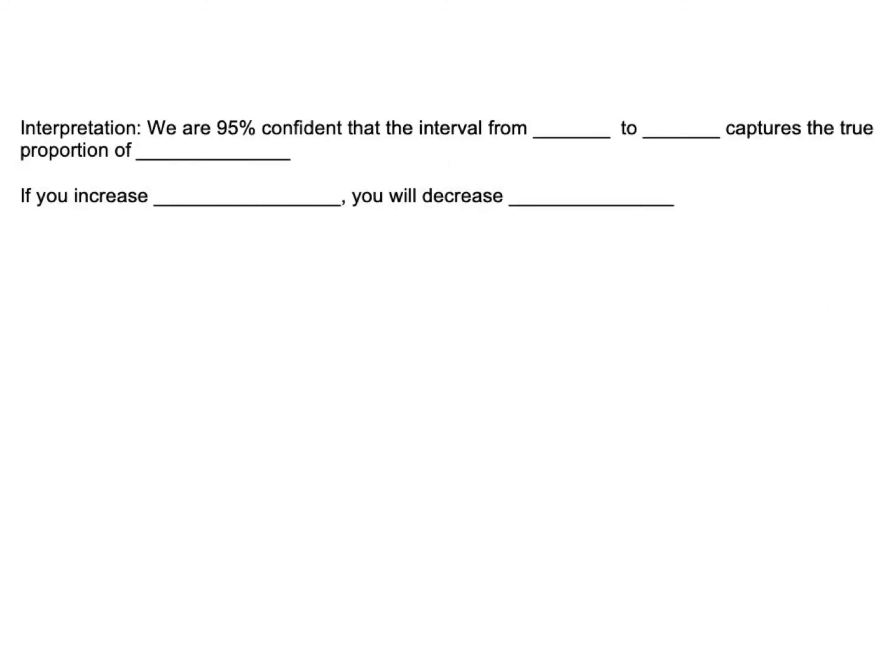A reminder of the interpretation you're going to use. We are 95%, now that percent might change, confident that the interval from A to B captures the true proportion of whatever it is we're trying to do in context. When I say in context, like the true proportion of people who would vote for President Biden.